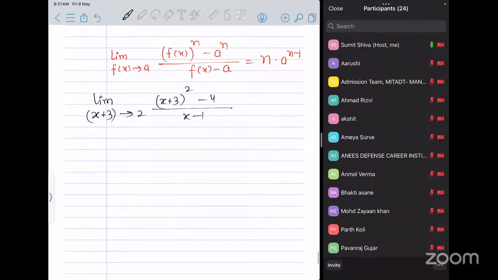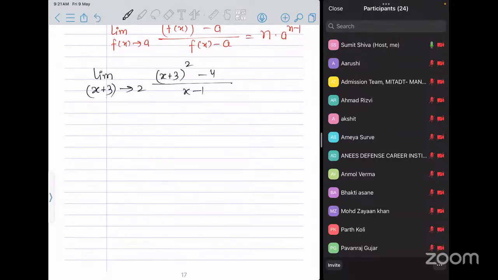What will be the answer? If you look here, x plus 3 tending to 2 means x is tending to minus 1. So in place of x plus 3, we will have x tending to minus 1. Now the question is, limit x tending to minus 1, x plus 3 to the power 2 minus 4 by x minus 1. What will be the answer?